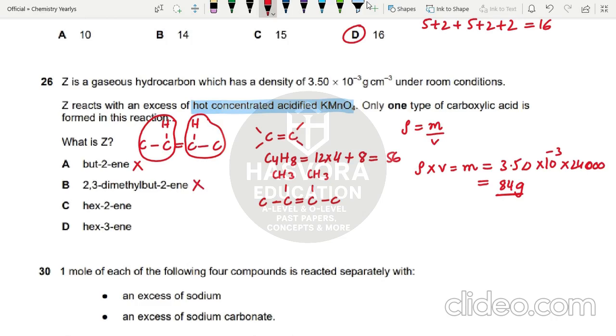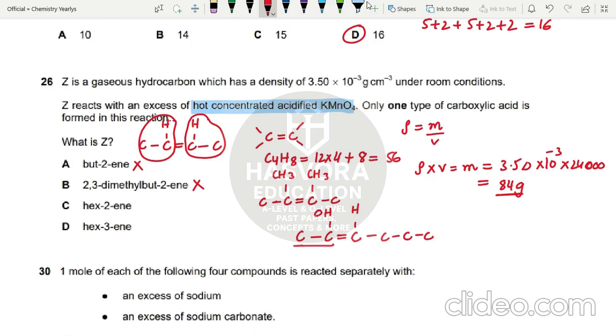Now let's check for hex-1-ene. This will be the double bond, and this will be the first bond, then 1, 2, 3 and 4. Now you can see here only one H is present on each carbon. But what will actually happen is ethanoic acid will form here, because this double bond will form C=O and this will form OH.